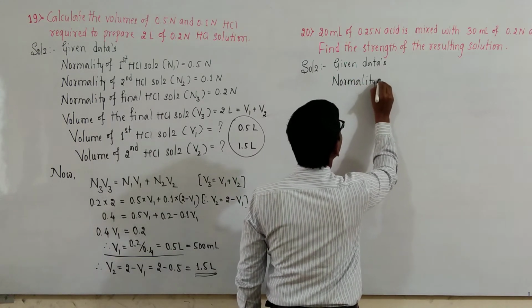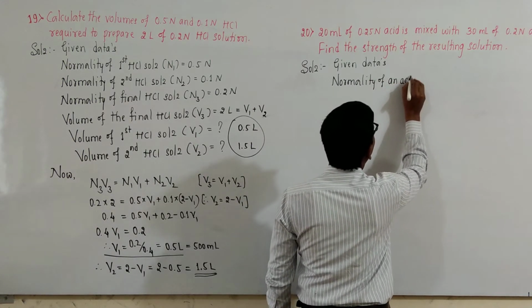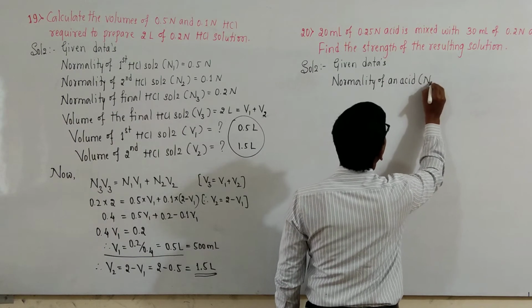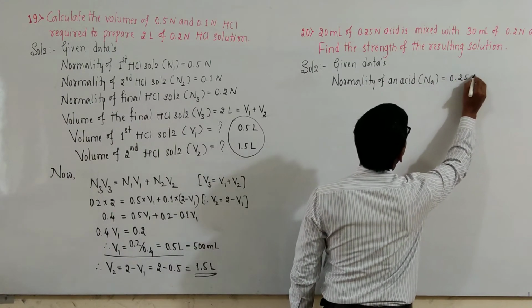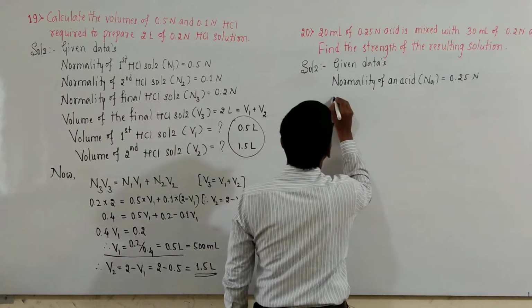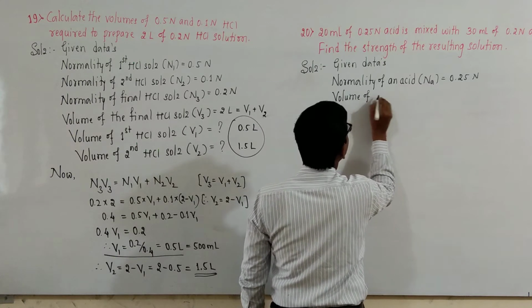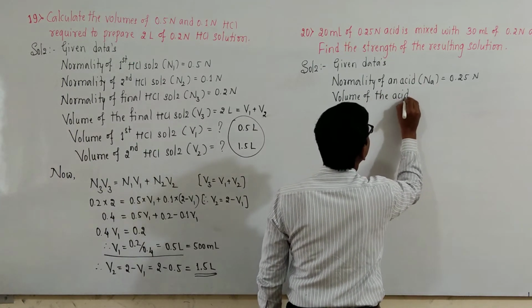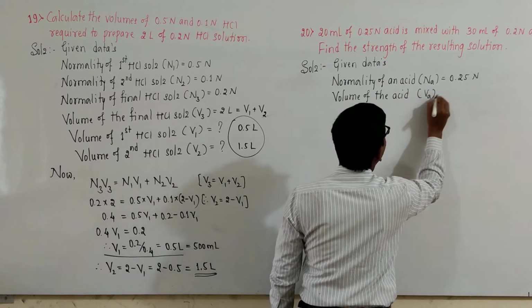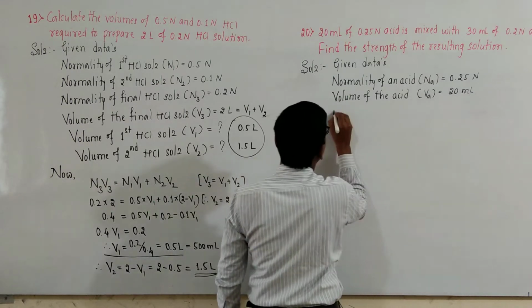Normality of an acid, Na, is equal to 0.25 normal. Then volume of the acid, that is Va, is equal to 20 ml.